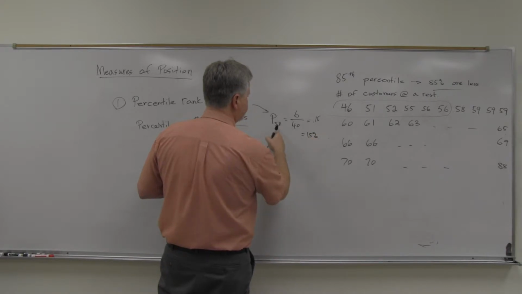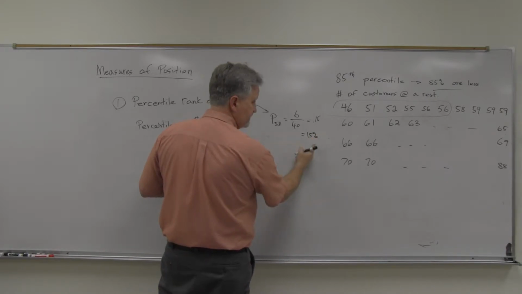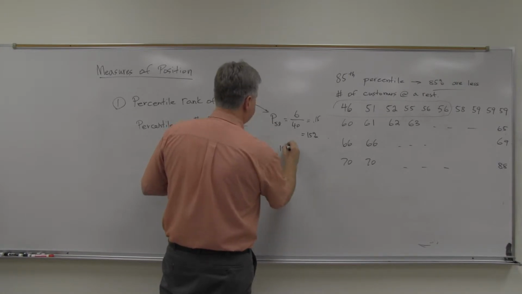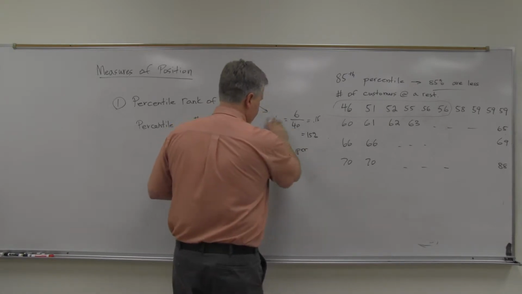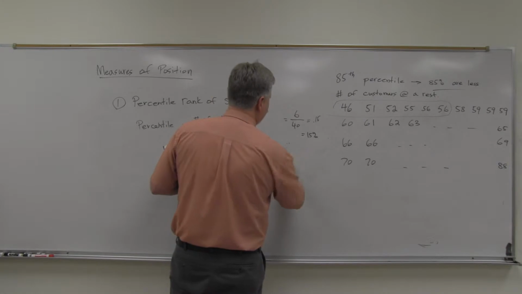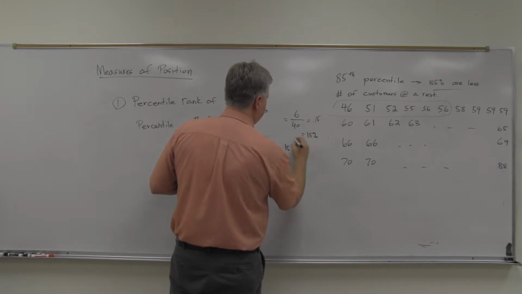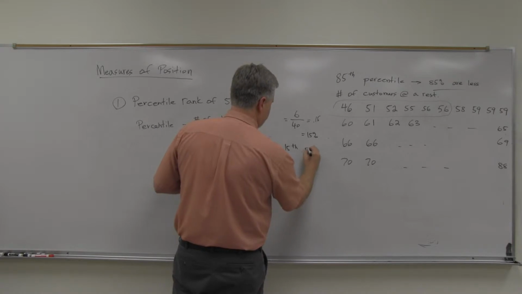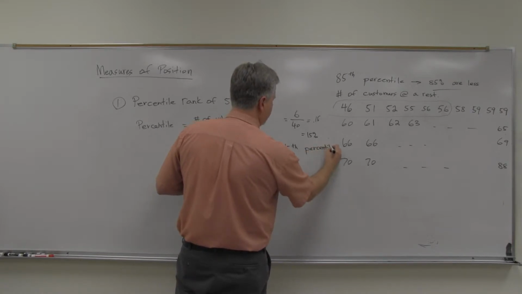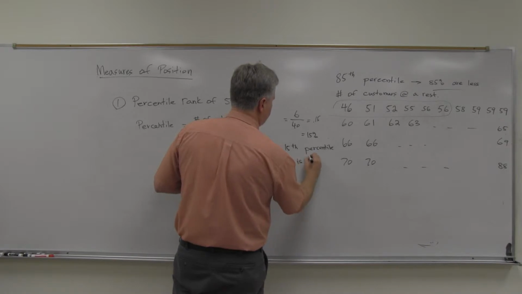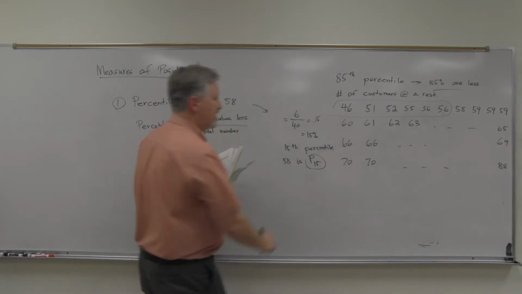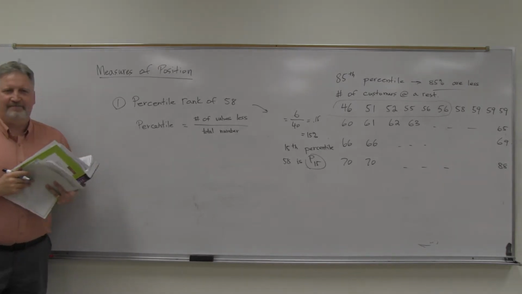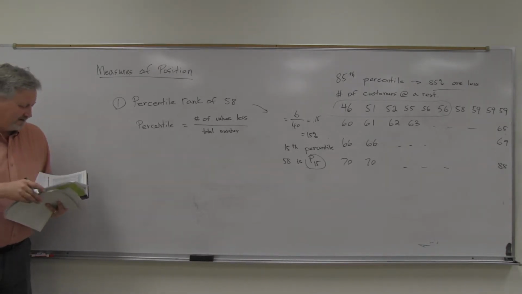So 58 would be the 15th percentile. Wait a second, I did this wrong. It's not P58, it's P15. So 58 is the 15th percentile, P15. Sorry about that. That's the little subscript that you want. We didn't know that until we calculated it.